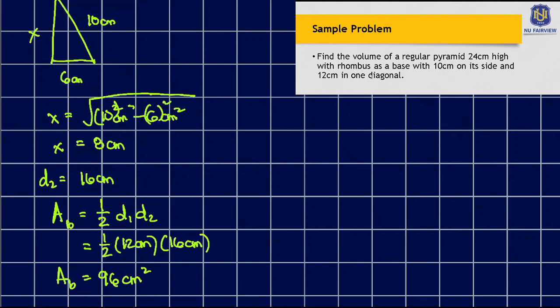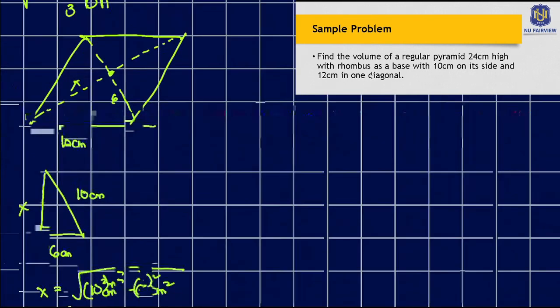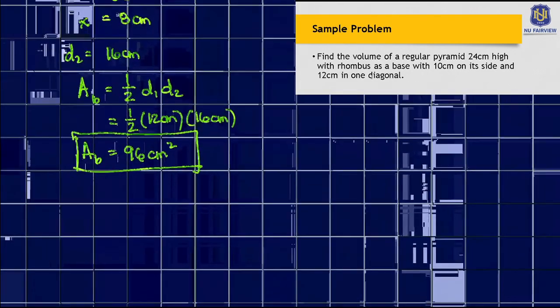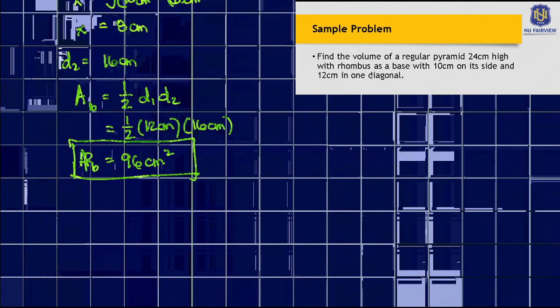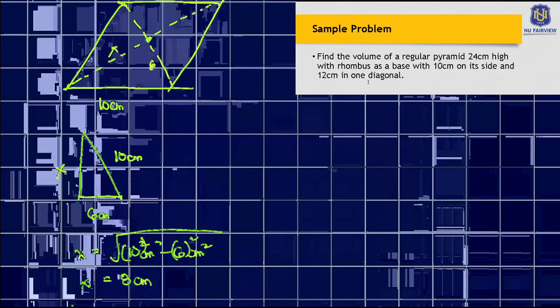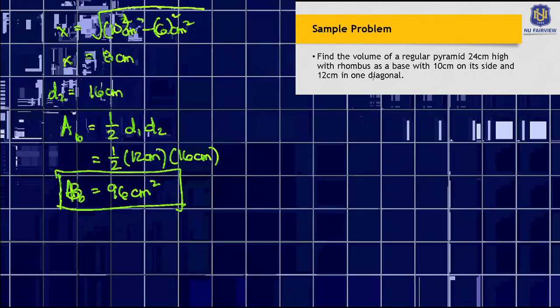So, now that we have the area of the base, which is 96 square centimeter, meron na tayong B. So, ito yung ating B. We would now find the height naman. So, ano ba yung height niya? So, dito, base sa problem, ang height niya is equal to 24. So, pwede na natin siyang masolve.